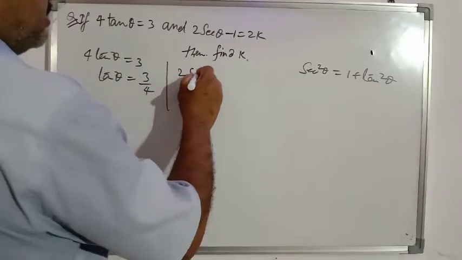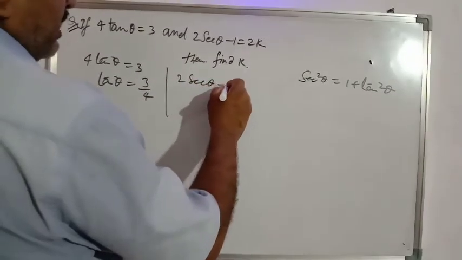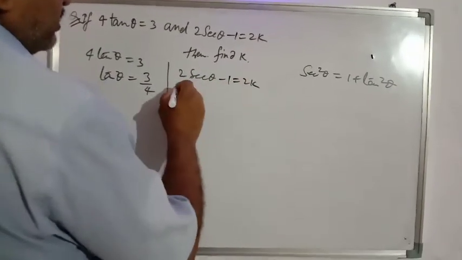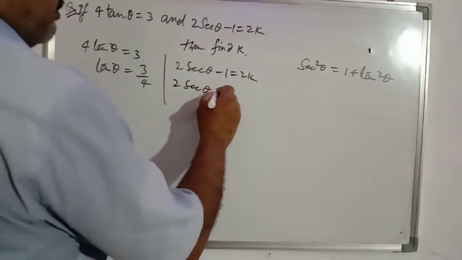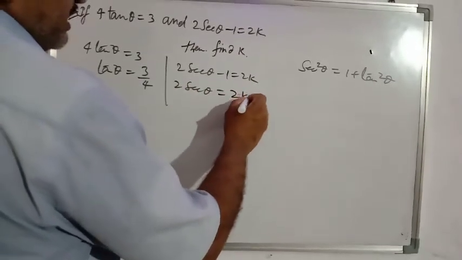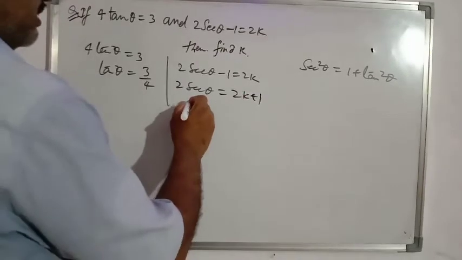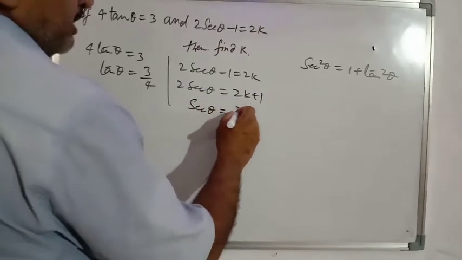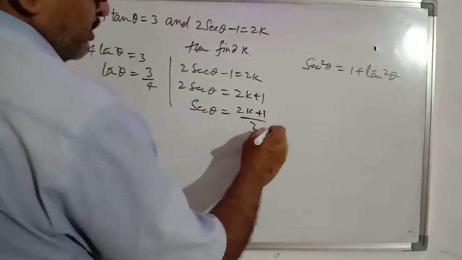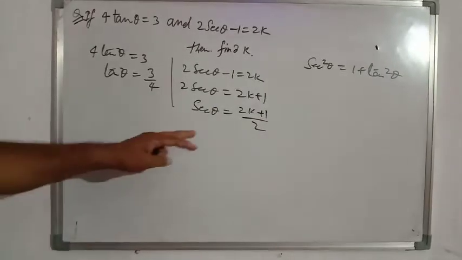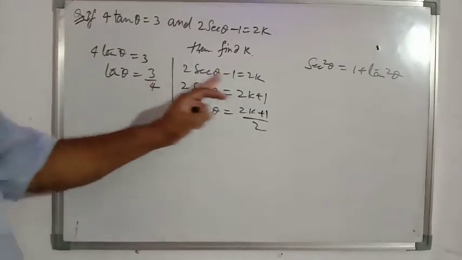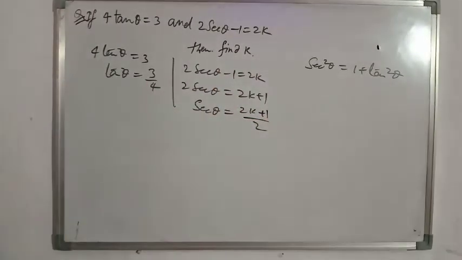And 2 sec theta minus 1 is equal to 2k. So 2 sec theta, transposing 1 to the right side, is 2k plus 1, and sec theta will be 2k plus 1 upon 2. We will put this value of sec theta and tan theta in the identity.